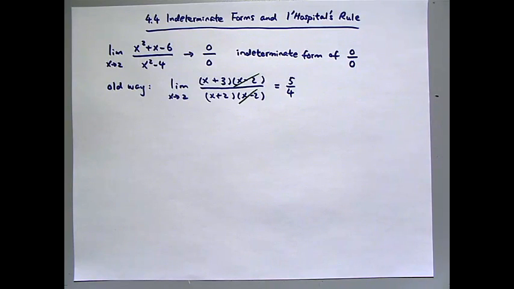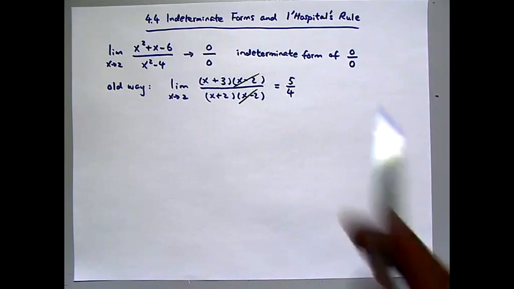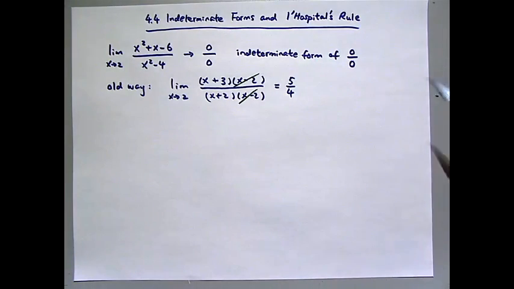Okay, so that was the old way of handling things. We look for things that factor, and occasionally things got complicated. We had to do rationalization and all sorts of special things. L'Hopital's rule is a way to handle stuff like that.